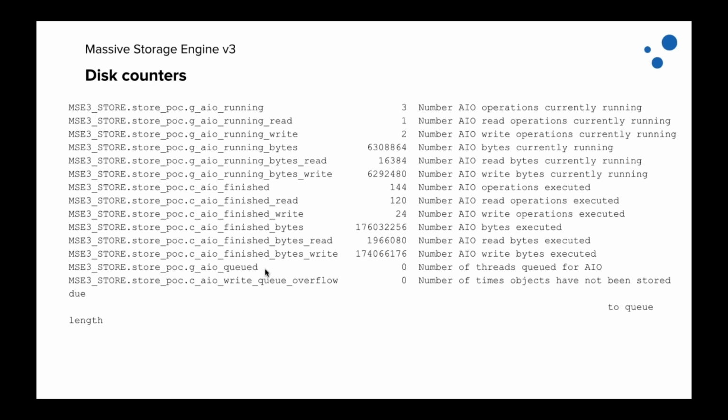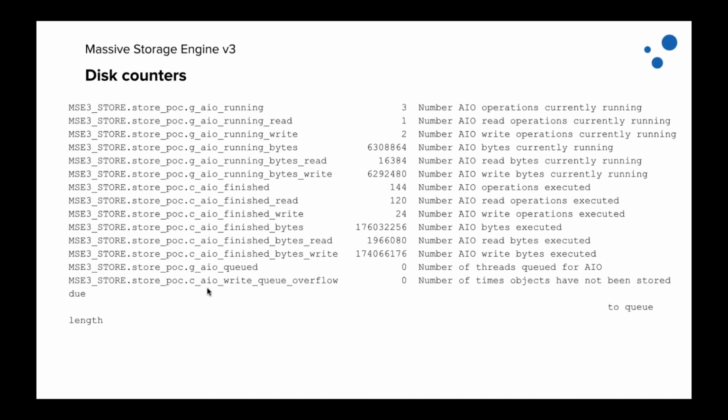So if the amount of I/O is starting to exceed what the disks are able to execute, then you reach this plateau where it doesn't help to start giving more tasks to the kernel for execution by the disks, and we start queuing the threads instead, and that also shows up explicitly in the Varnish stat counters, and you will be able to observe this and also take action if necessary.